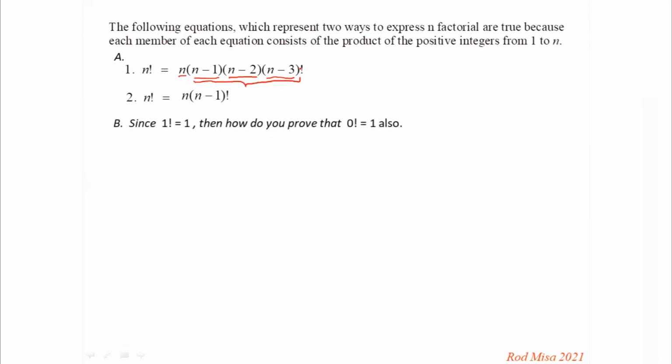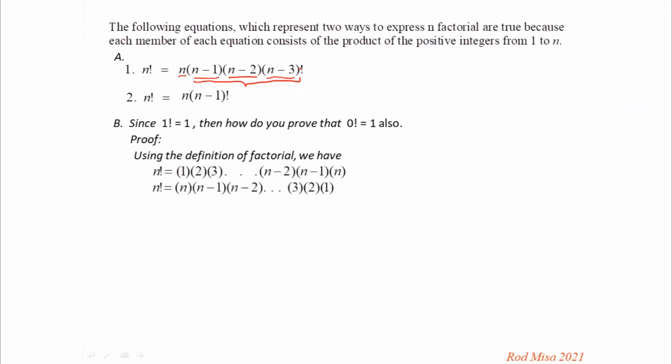Therefore, we can show to you what is 0 factorial. Since 1 factorial is 1, then we can show that 0 factorial is also 1 by using the definition of factorial, that n factorial is the product from 1 to n. But this product can be written in the reverse order. So I can start with n, and then n minus 1, n minus 2, and so on and so forth until 1.